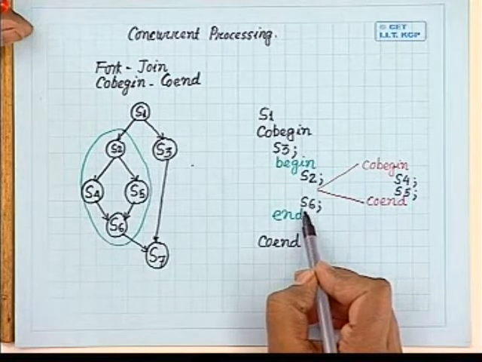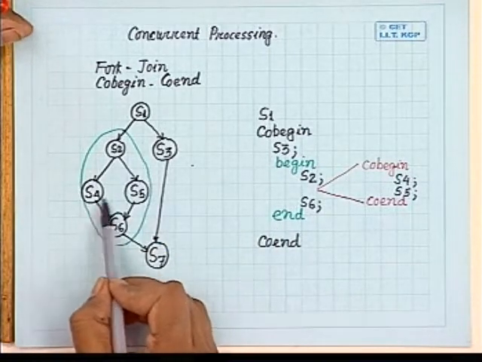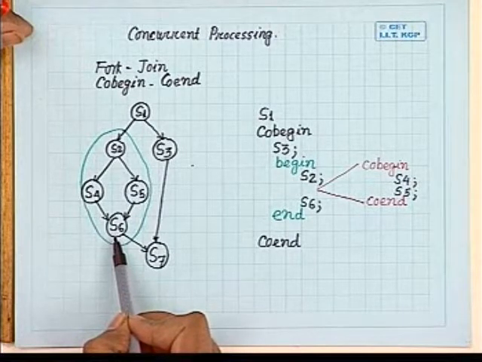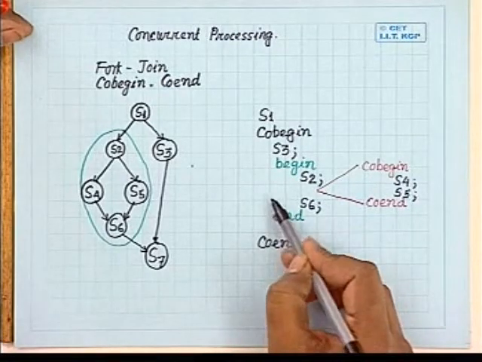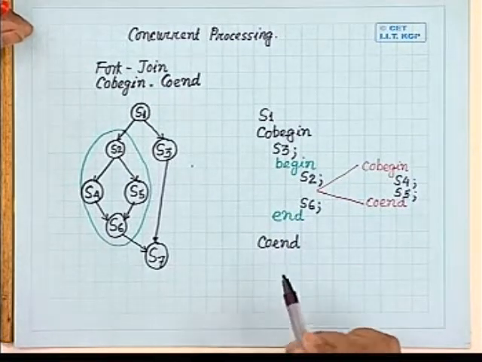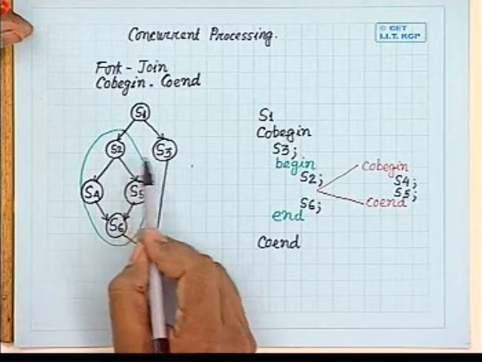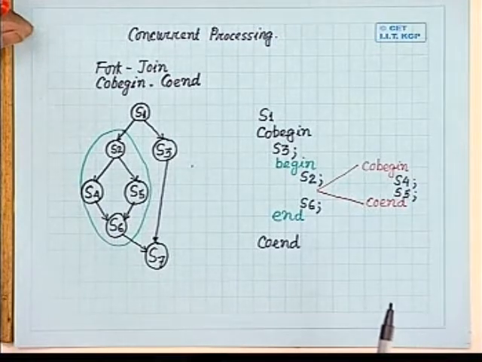At the end of this, the executions of S2, S4, S5 will be complete. When you come out of the first co-begin co-end construct, that ensures that all the processes for S2, S3, S4, S5 and S6 have completed their operation.